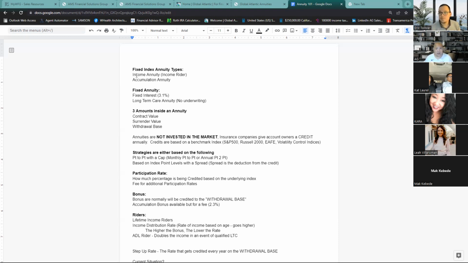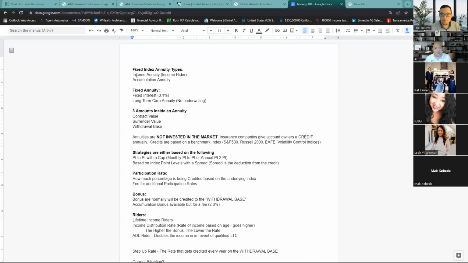And then there's the accumulation annuity, where they put the money there and they're not going to touch it yet. Even though they're seniors, maybe they're not yet at required minimum distribution, or they just have some cash on hand. Maybe they're like 65, their parents just passed away, they sold the house, I don't know.